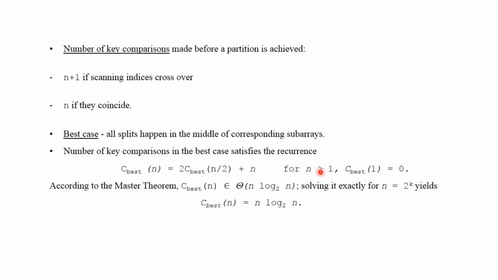So as long as n is greater than 1, when there is only one element, number of comparisons made is 0. Now with the master's theorem, this is A, this is B. A is equal to B power D, that is 1. So we have C best of n belongs to theta of n log n to the base 2.